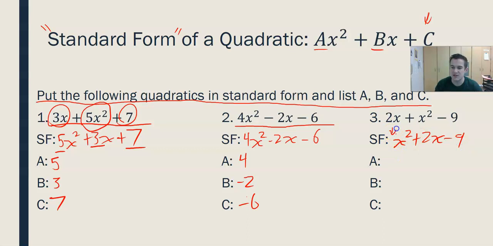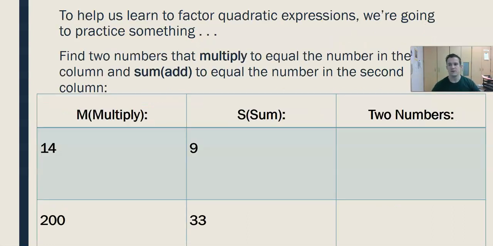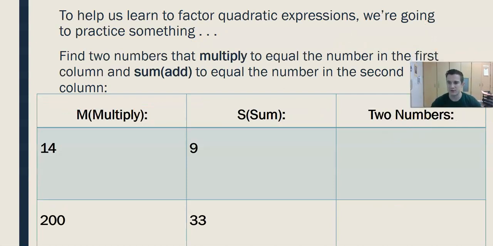Notice that there's nothing in front of the x squared, so a is just 1. a is 1, b is 2, c is negative 9. So sometimes you'll have the situation where a is equal to 1, or b is equal to 1, or c is equal to 1. Whatever, that's fine. Just remember when there's not a number in front of a variable, it's assumed that it is 1.